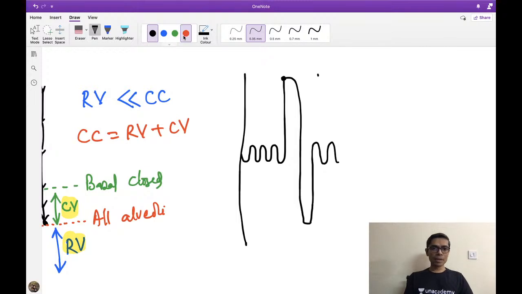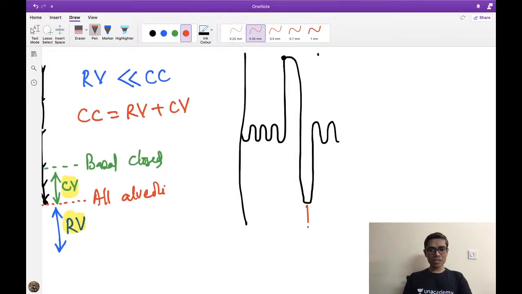Now all of you know that the volume which is still remaining inside this lung is nothing but residual volume, and if you add up this expiratory reserve volume and this residual volume, this is nothing but my functional residual capacity.